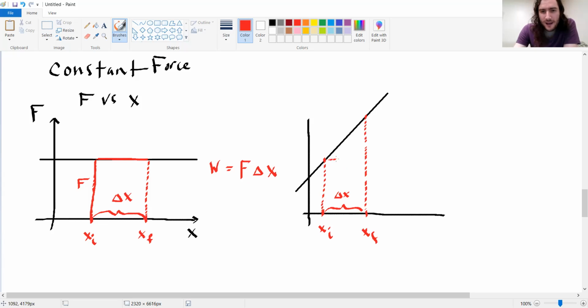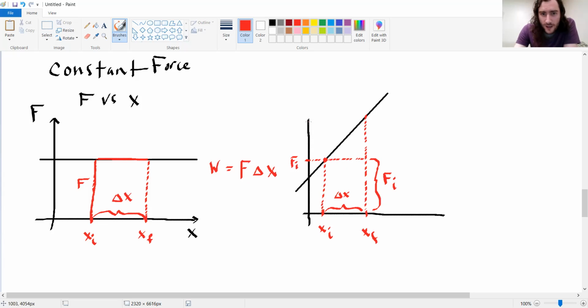Well, we can kind of break this thing down into two segments where the height here is, say, F initial, where this is the force that we kind of started with. So F initial here, right?